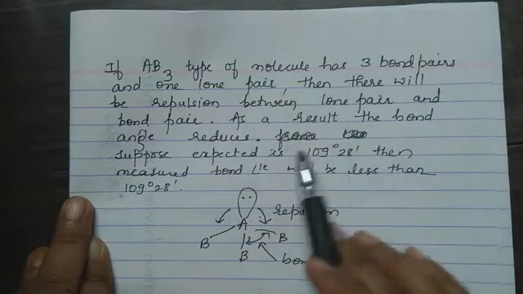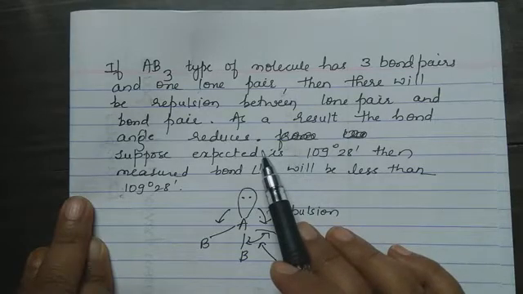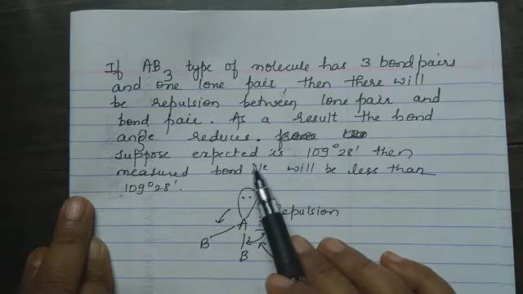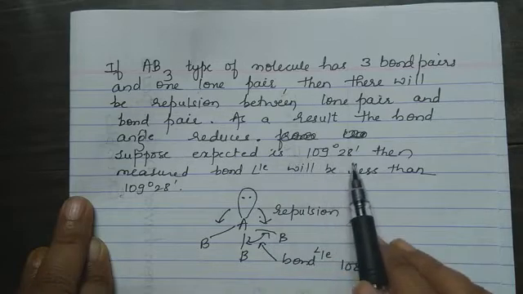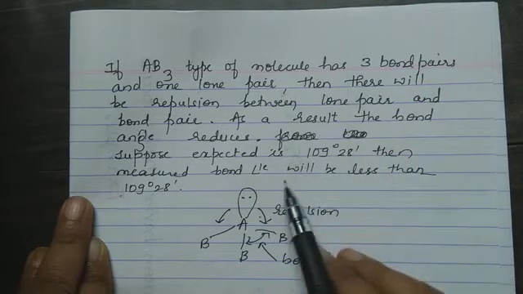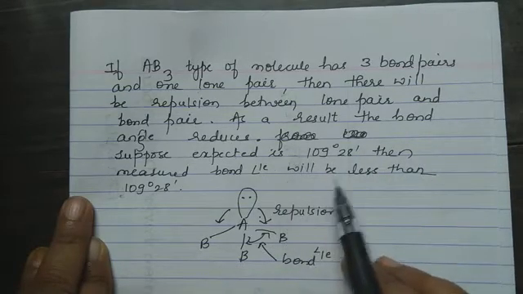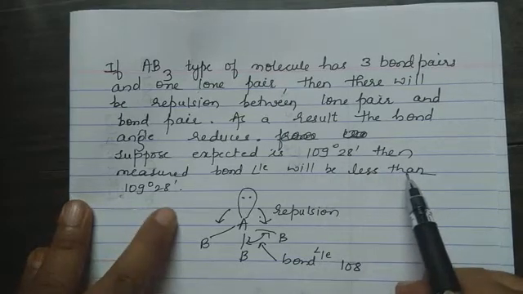As a result, the bond angle reduces. Suppose in this type of molecule, expected angle is 109 degrees 28 minutes, then the measured bond angle will be less than 109 degrees 28 minutes.